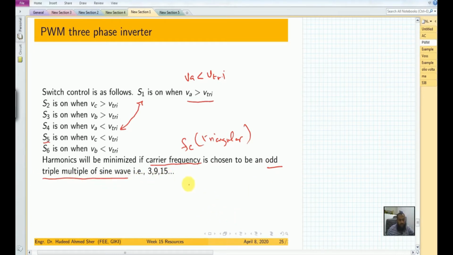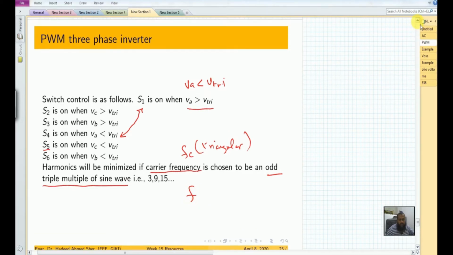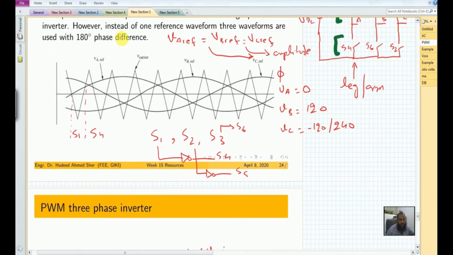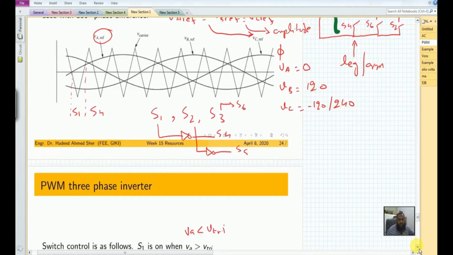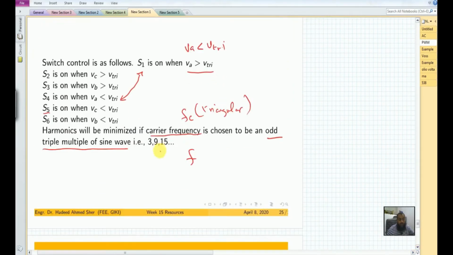So for instance, if the reference sine wave has a frequency of 60 Hertz, then the wisest thing is to use a triangular waveform frequency of 3, 9, 15 times that and so on. So if we use 9, then this should be at least 540 Hertz, if we want to minimize the harmonics in this particular content.